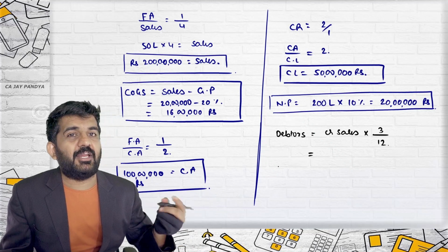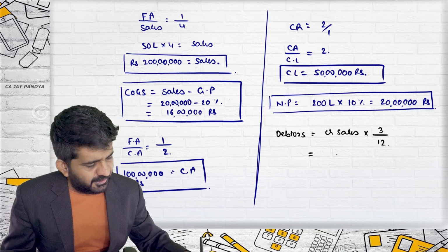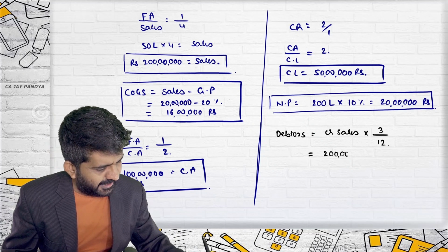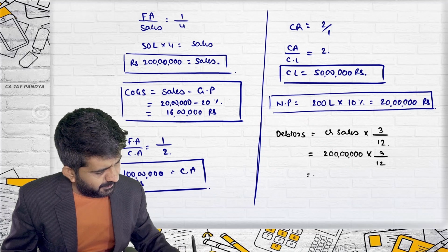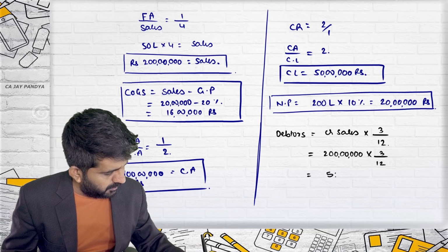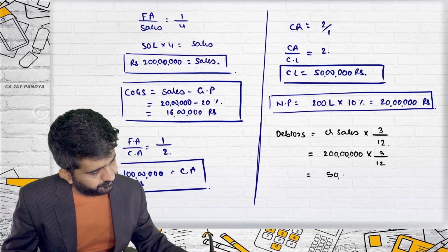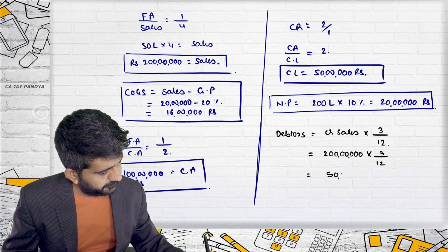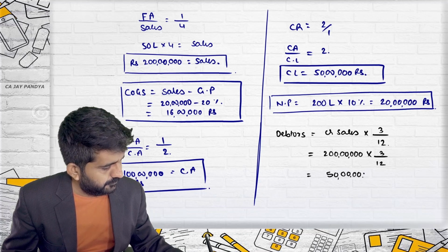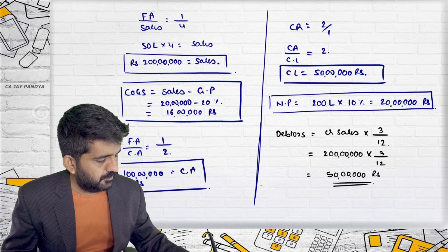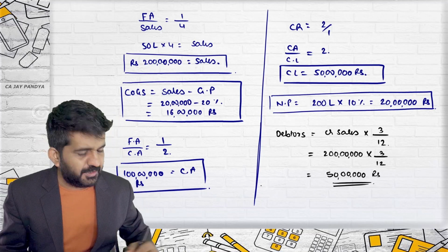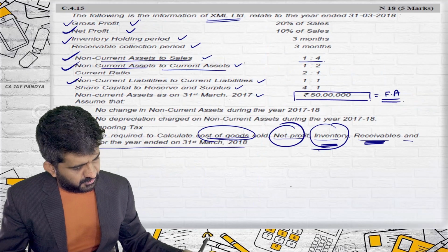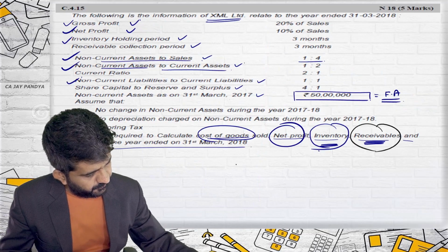Sales cannot be divided into cash and credit, and hence whole sales is assumed as credit, into 3 divided by 12. So this will be 50 lakhs. So debtors are 50 lakhs rupees. That is what is asked. Receivables is 50 lakhs rupees.